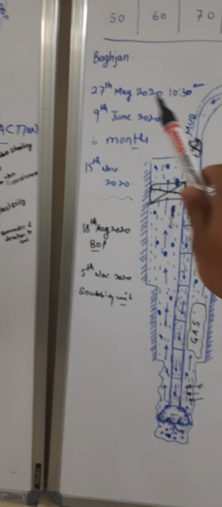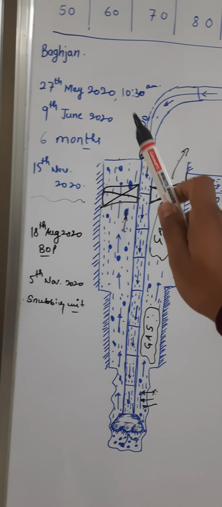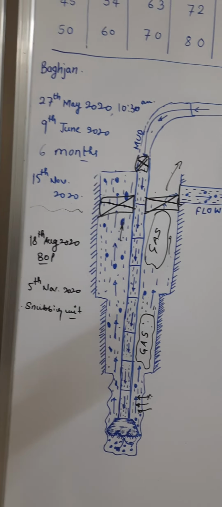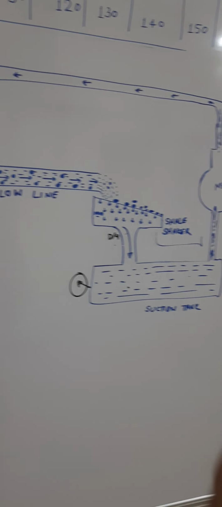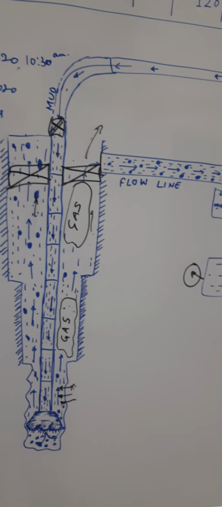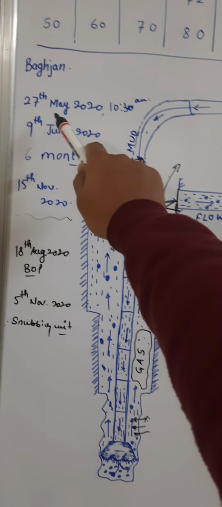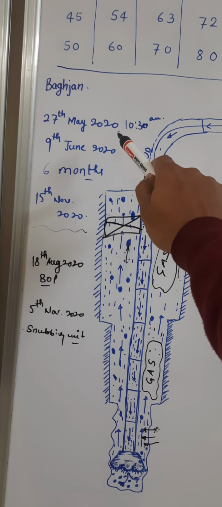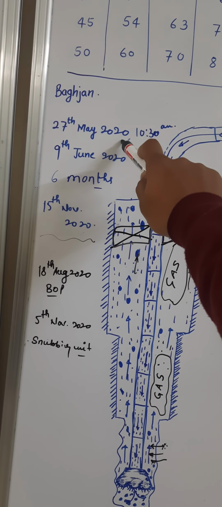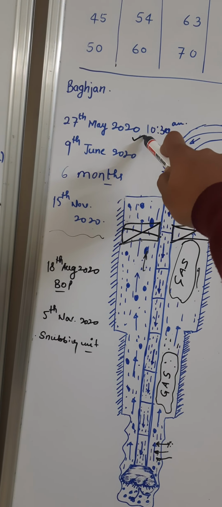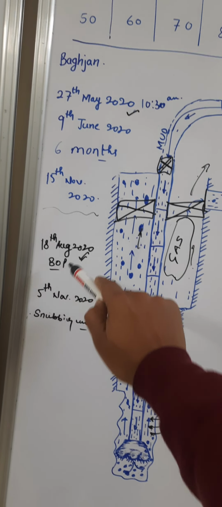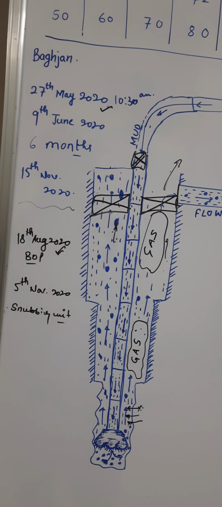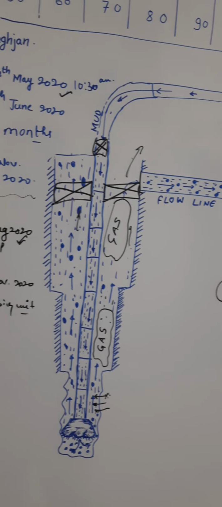In Baghjan, that was the problem. Due to some maintenance schedule, this BOP, blowout preventer, was not installed. And from 27th May 2020, the day the blowout started, to 18th August 2020, we were struggling to install the BOP.